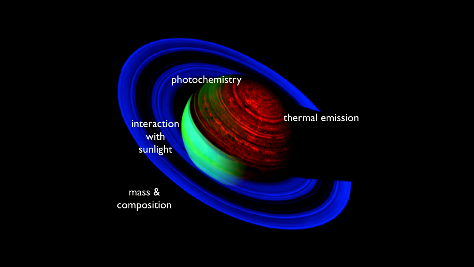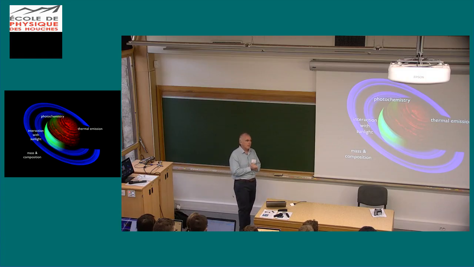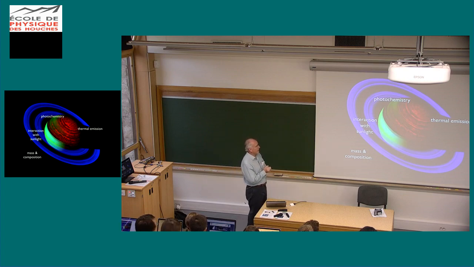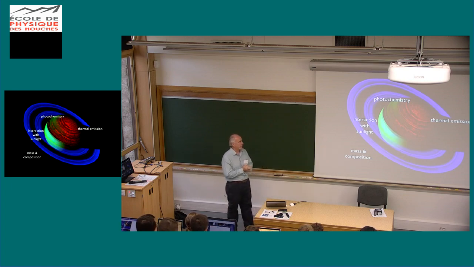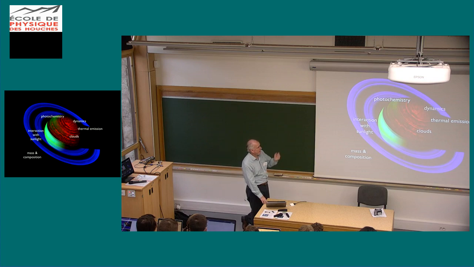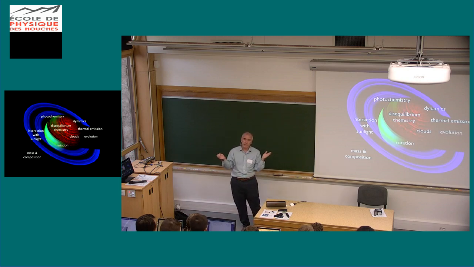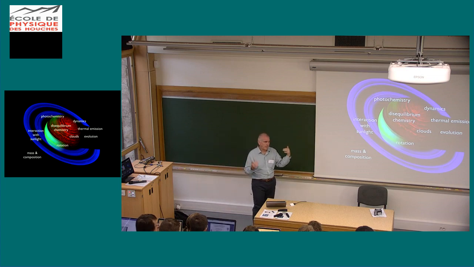The photochemistry: we're seeing a little scattering from high altitude hazes there in the northern hemisphere, produced by photochemical reactions of methane with incident UV light, producing particles that are important to take into account. And of course, the clouds and the atmospheric dynamics, disequilibrium chemistry, it goes on and on. So all of these things ultimately impact the spectrum that we get, and we're trying to learn about all of these things from the spectra.